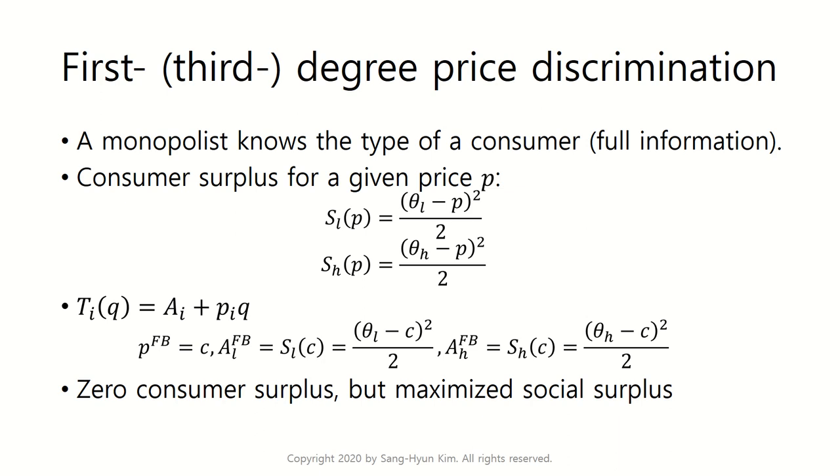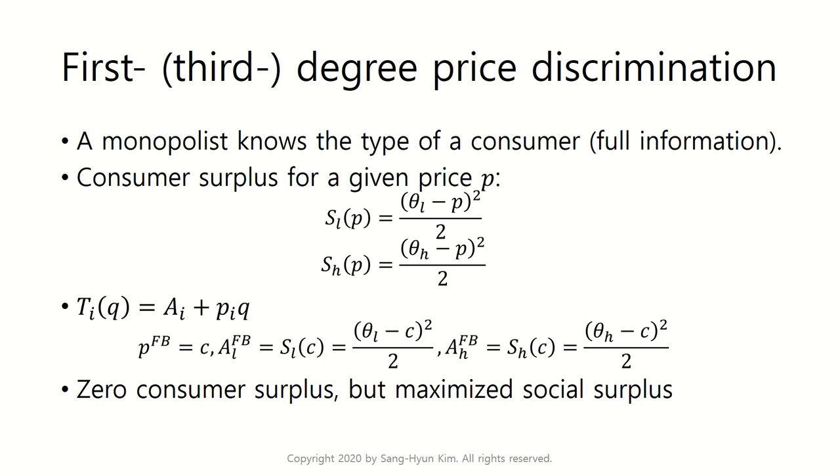Before we decide the price, we first calculate the consumer surplus because we want to use that. The first degree price discrimination, or individual pricing, can be written like this.